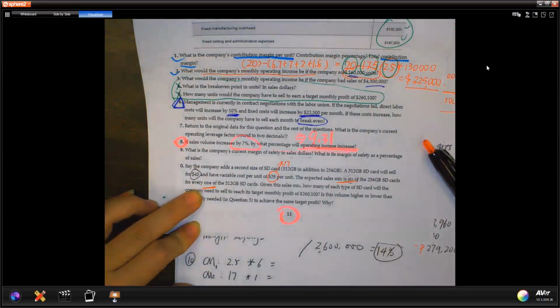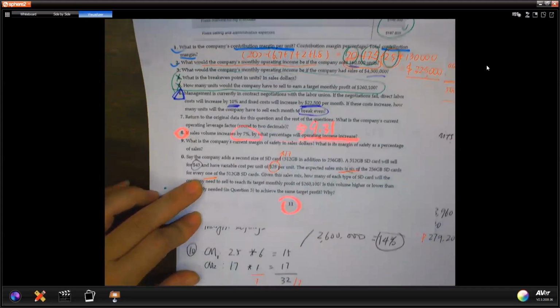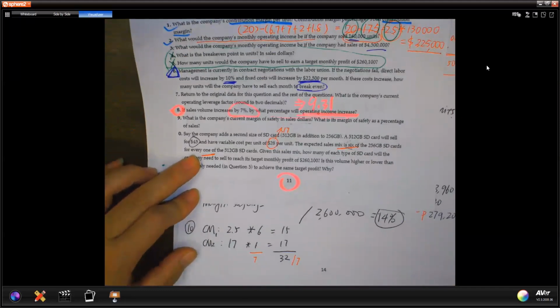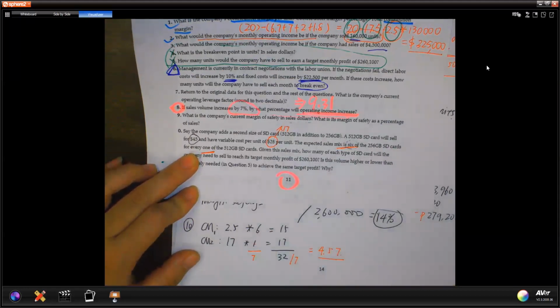So your total contribution margin will be 2.5 times 6, 15, plus 17 gives me 32. And then how many total units do we have? 6 plus 1, we have 7 units. So our weighted average contribution margin is 4.57 for each weighted average unit.